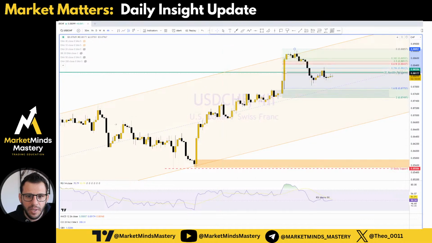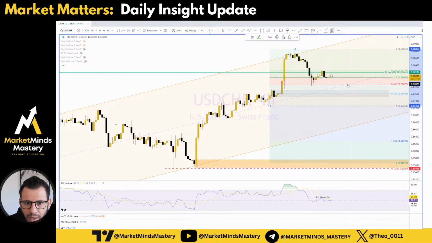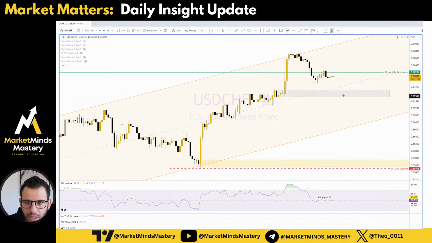Now, if the move started from this point here, it has the 61.8 there. I'm not that interested with this one. So for sure, I will be looking to get involved down here if the price will move all the way here.